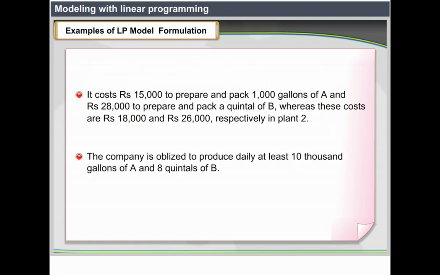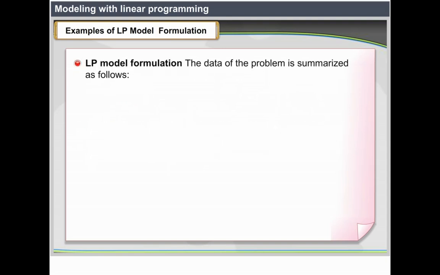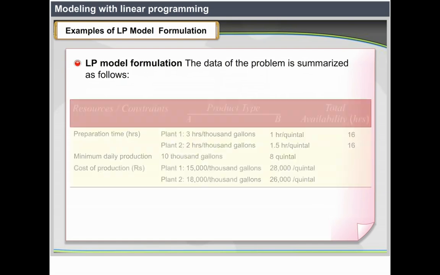The company is obliged to produce daily at least 10,000 gallons of A and 8 quintals of B. Formulate this problem as a linear programming model to find out how the company should organize its production so that the required amounts of the two products be obtained at minimum cost. Linear programming model formulation. The data of the problem is summarized as follows.